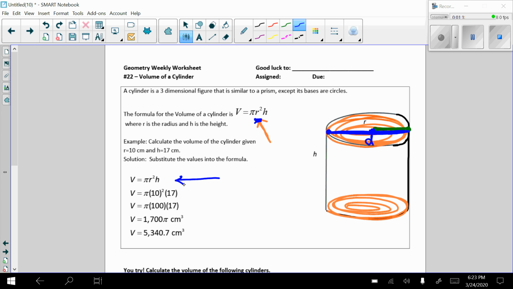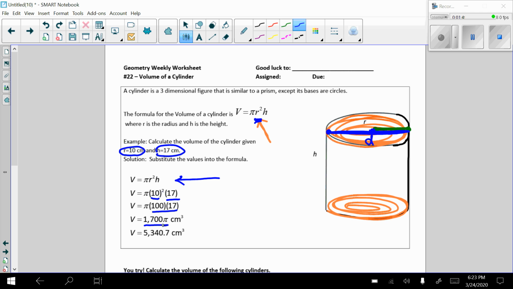So it's kind of what we've been doing all along. We're going to write our formula, which is pi r squared times h, and we will substitute our values in. In the first example, our radius is 10 and our height is 17. And remember, whenever we're dealing with something circular, we like to get 2 answers. For the first answer, you just take everything that you can do with the numbers. So in this case, we can do 10 squared times 17, and we get 1700, and we leave the pi symbol in our answer.